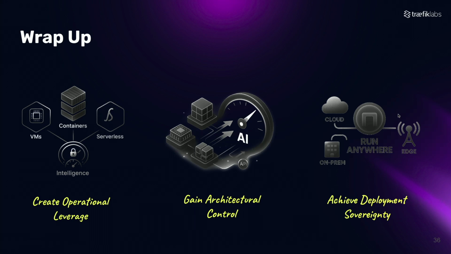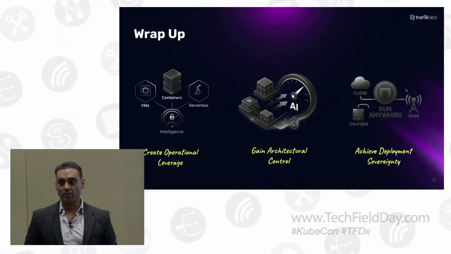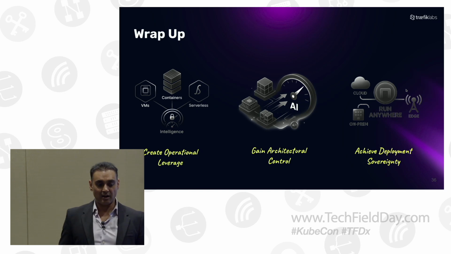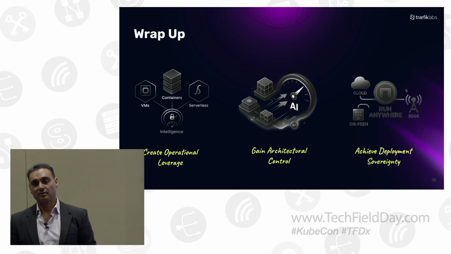And then the third is being able to run Traefik anywhere is the only way to get true sovereignty around your deployments. Sovereignty is not there if you cannot leave a particular cloud. If you're tethered to one particular environment, you don't get a fully sovereign deployment. So combining all these three things should give you guys the muscle that you need and the strategy that you need to go forward.